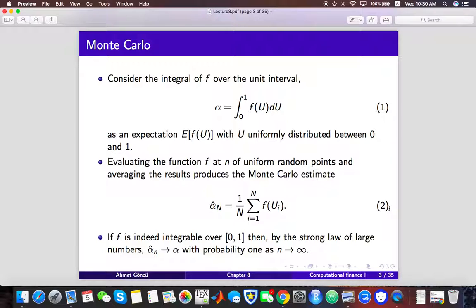From statistics theory, as a result of the strong law of large numbers, we know that this sample average will converge to the true population parameter alpha with probability 1 as n goes to infinity.